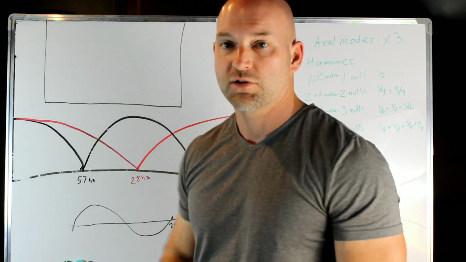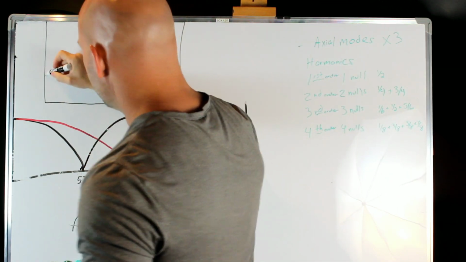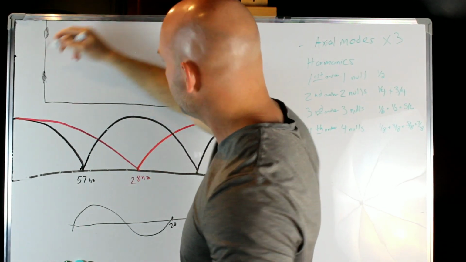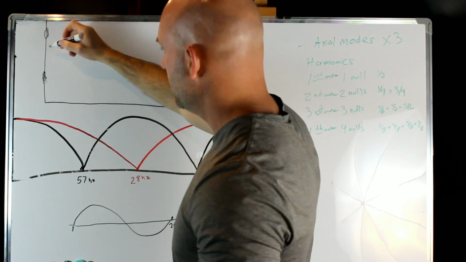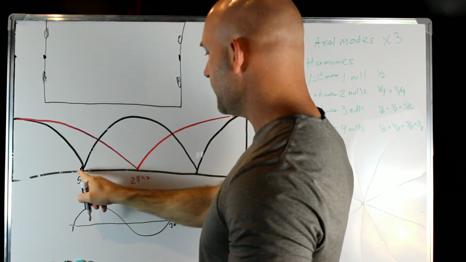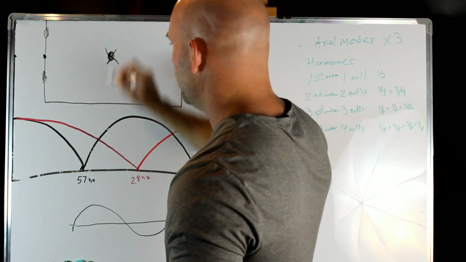Okay, now if this is your room and you're looking down on your room, this might be a little easier to make sense. If we were to put a sub at 1/4 and 3/4 on the front and back wall, we have created a virtual sub here in the middle, and that's how we got rid of all of these nulls, but we've also created a virtual sub right here in the middle of the room.